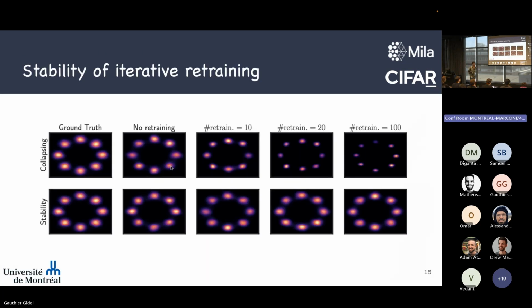In a more interesting case, maybe you asked about mixture of Gaussians and everything. So we start from the ground truth. We have a mixture of 8 Gaussians here, and we train, I think, a normalizing flow. So at the first step, you see the normalizing flow is quite good at matching the distribution. And the more you retrain on your own data, you see really this mode collapse, where each mode is collapsing into itself, interestingly.